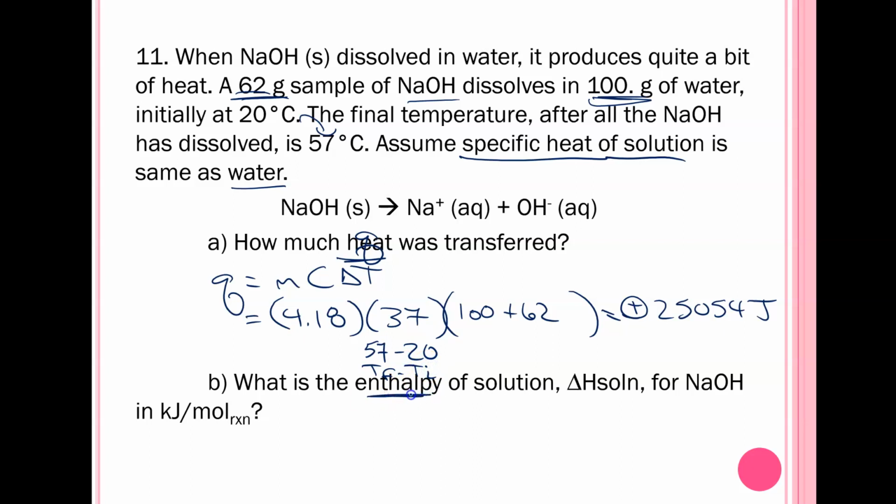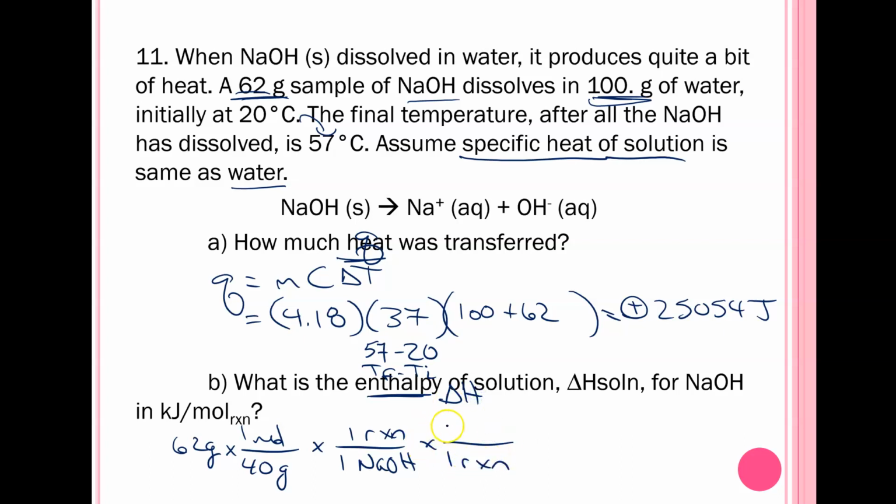To find the enthalpy of solution, that's a delta H, what you're going to do is start with the 62 grams, because that's the stuff that made it change temperature. Change it into moles. 1 NaOH for 1 reaction. 1 reaction is X kilojoules, and that's what you're solving for, equals. So now here's the thing, you have to think about it.